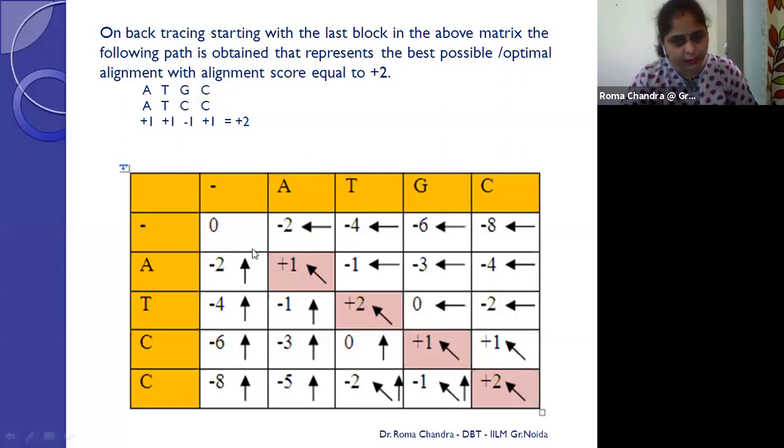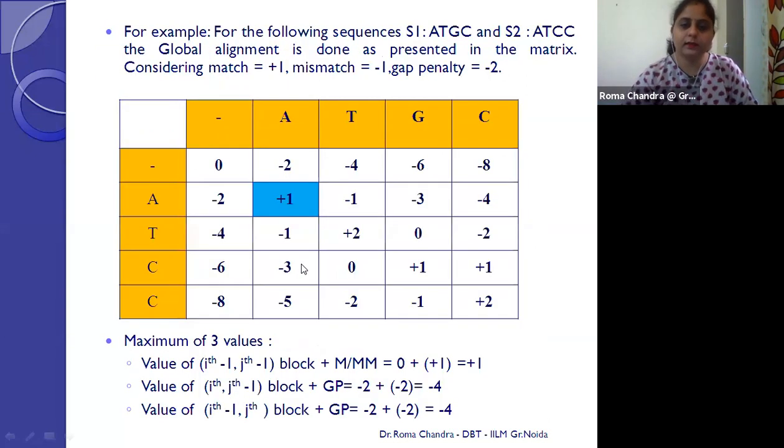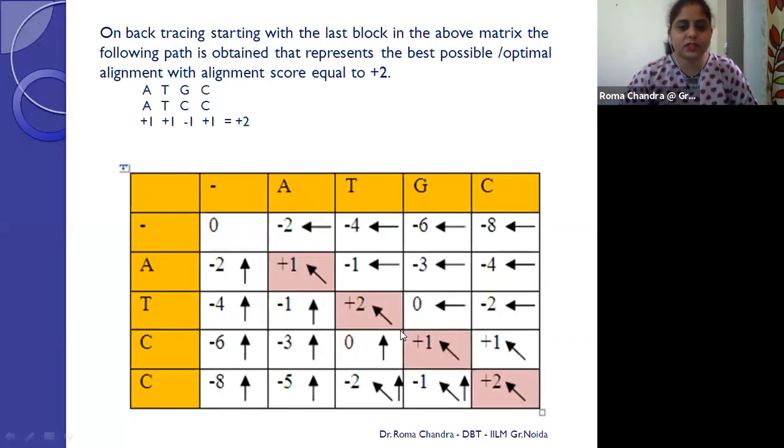This arrow is pointing towards this block because what it is showing is that the value +1 was taken when the value of 0 was considered. Here, plus 1 was used when I took the value of 0, and 0 is there in this block. So I just mentioned the arrow here.